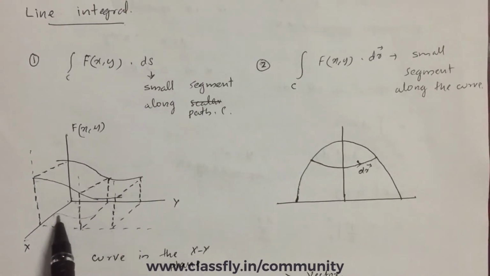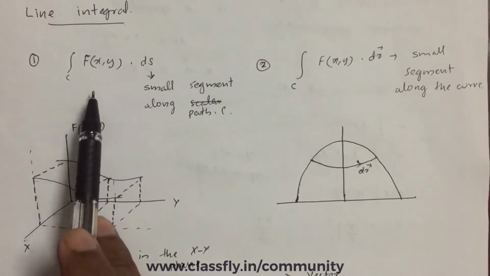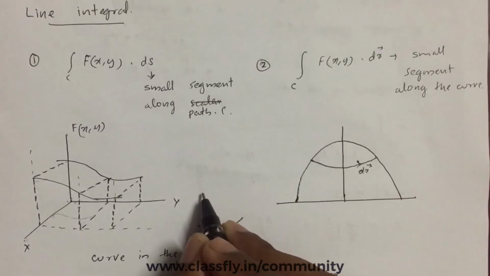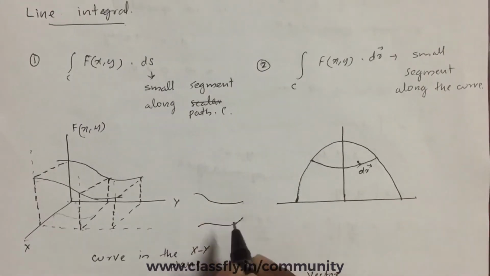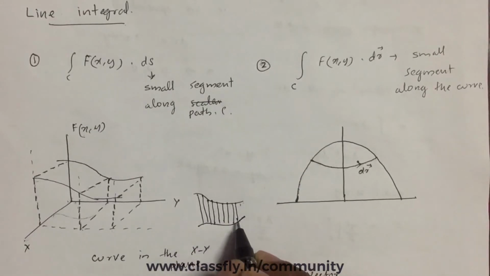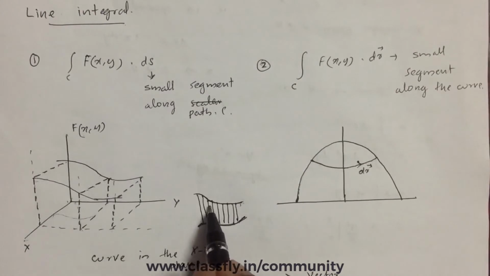The curve may lie somewhere over here, and when we integrate over it, we have the curve and the plane like this, and we get the area of this wall-type area.